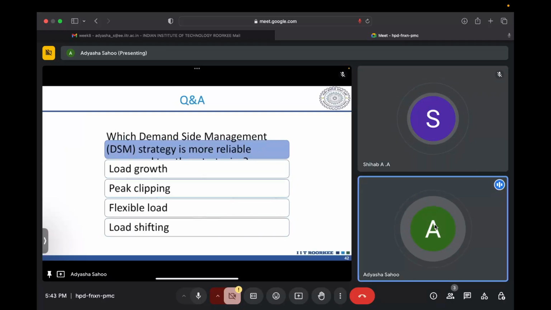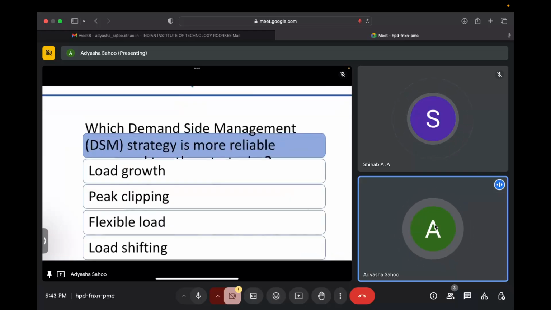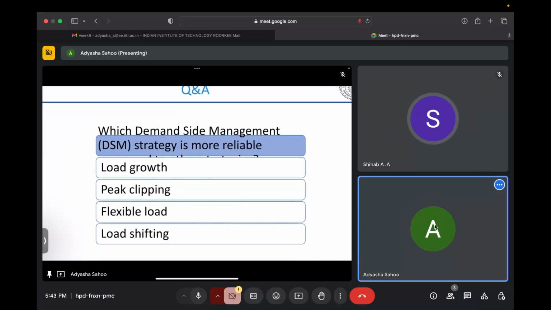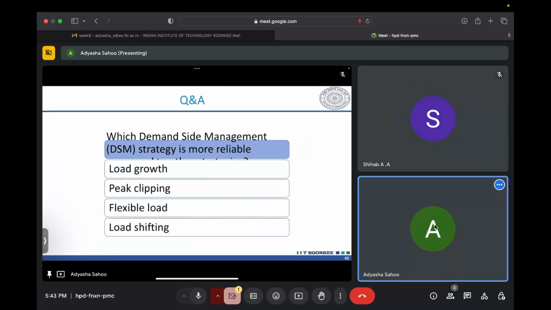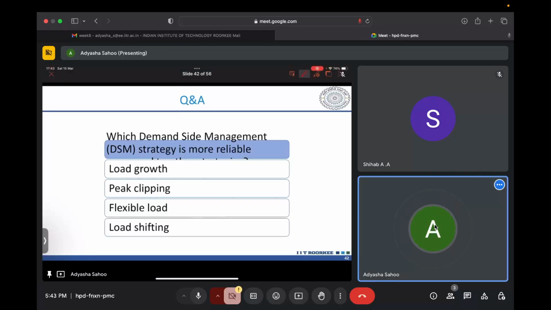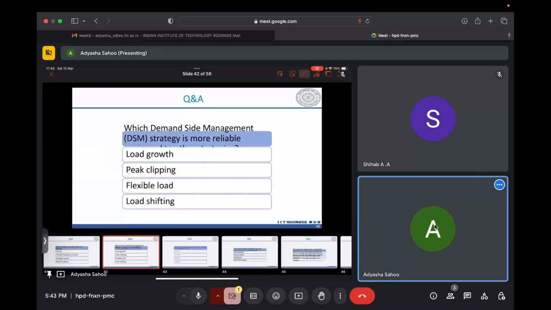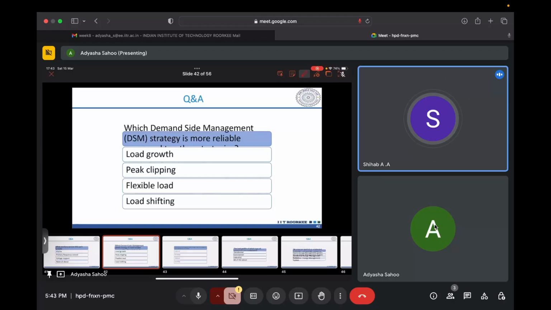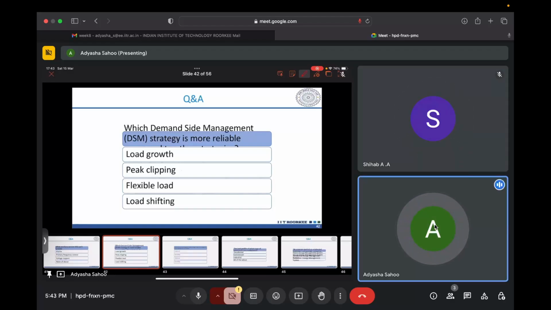Now, which demand side strategy is more reliable? Load growth, peak clipping, flexible load, or load shifting? In peak clipping, basically, we will shed the load. So we don't want to shed load. It is not positive, right?